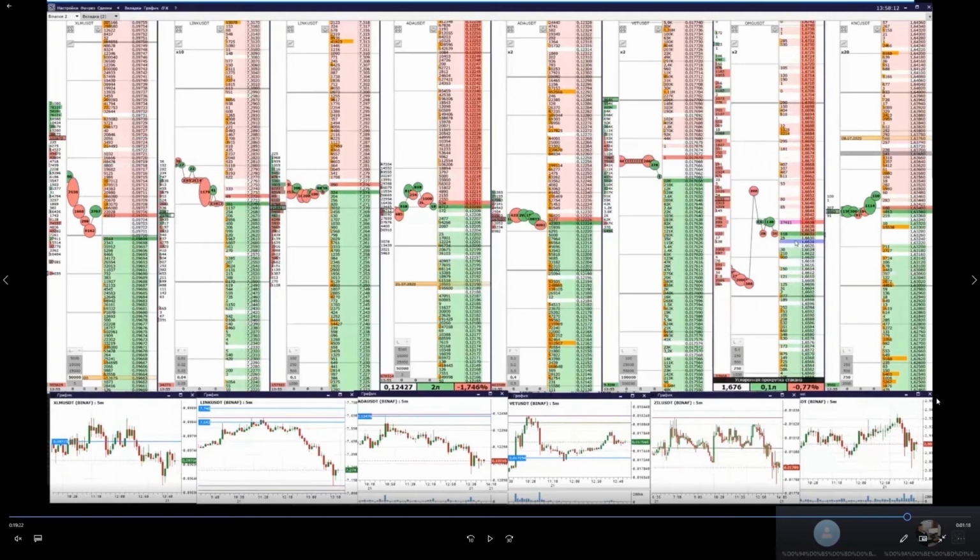So let's take an example. The simplest, the easiest robot is the robot buyer or a robot seller, which buys or sells the same volume with market orders with the same interval over the same period of time.